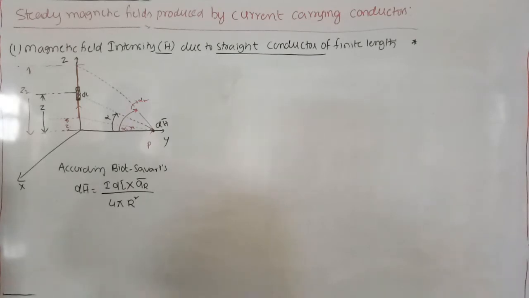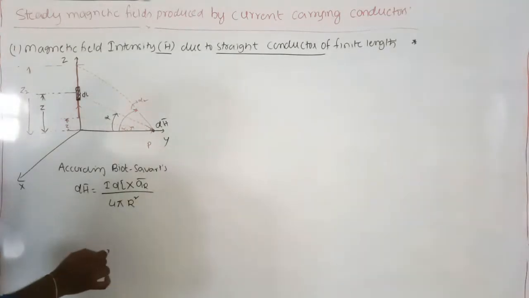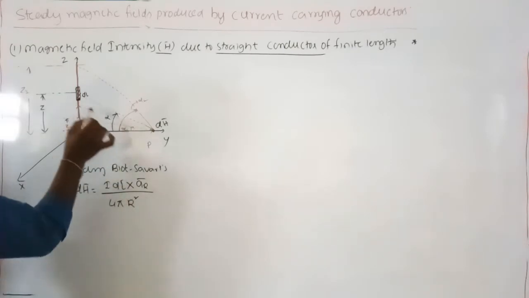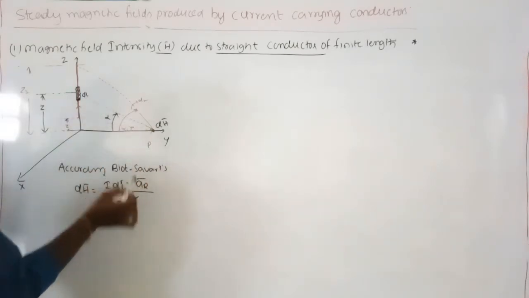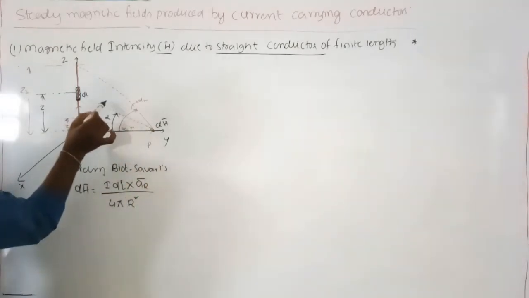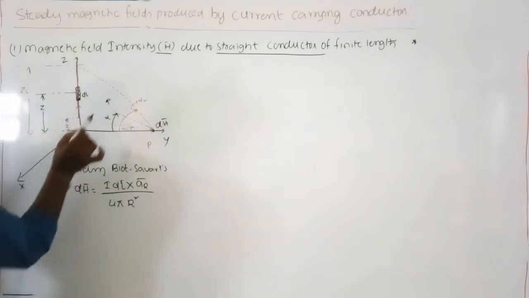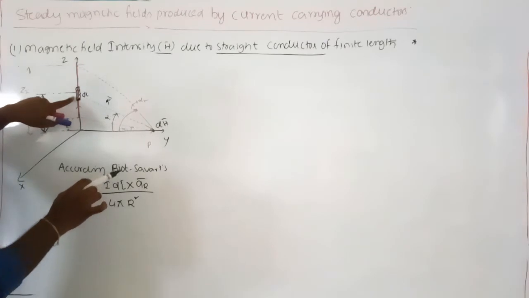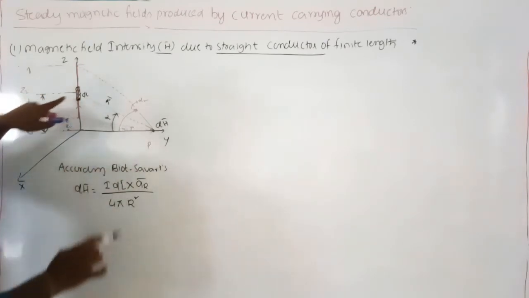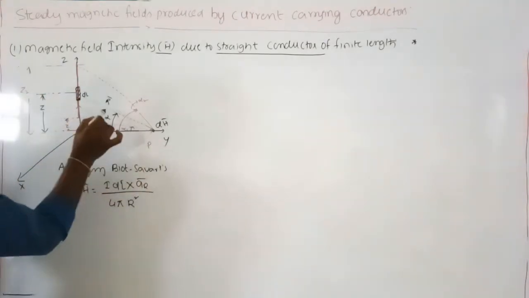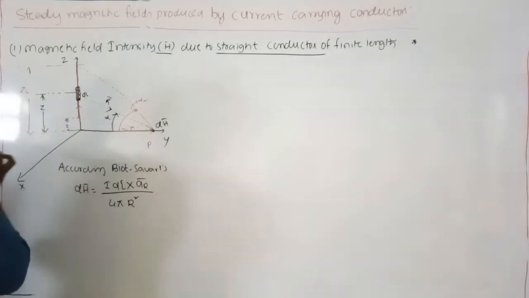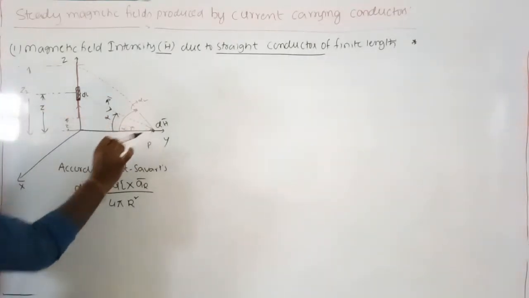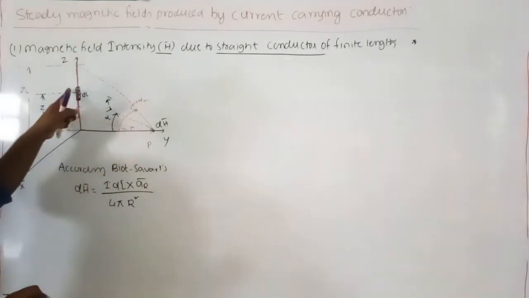According to this formula, we need to calculate the distance between the differential elemental length and point P, where r bar is the distance vector. It is the distance between the differential elemental length and point P, and a r bar is the unit vector along the distance vector, and it should be downwards. Why? Because we are calculating the field intensity at point P due to this element.